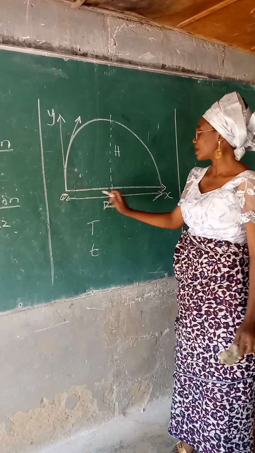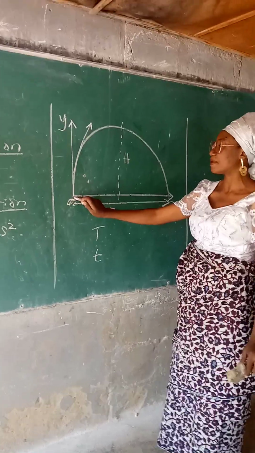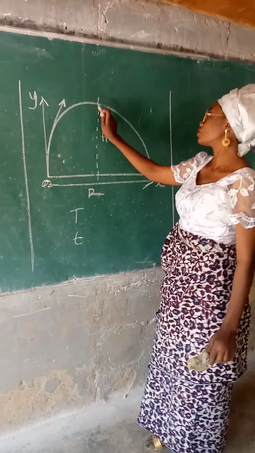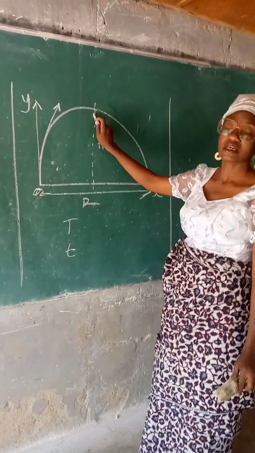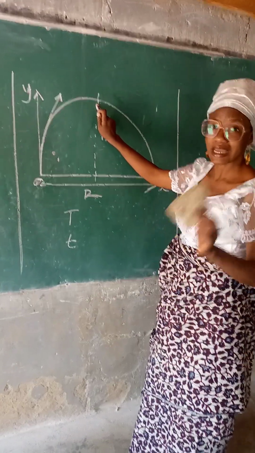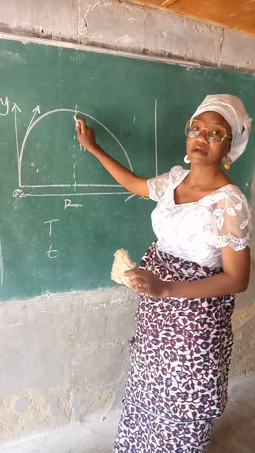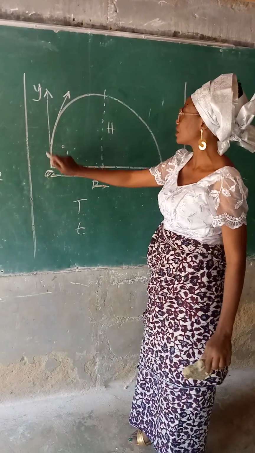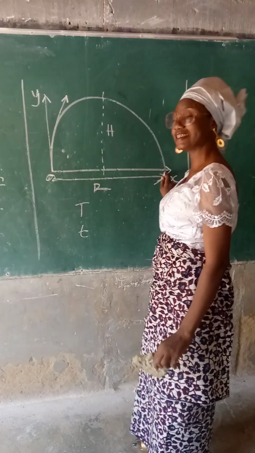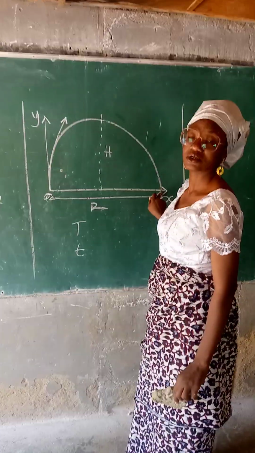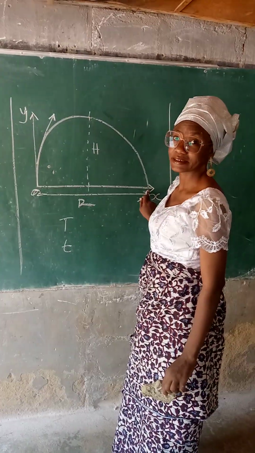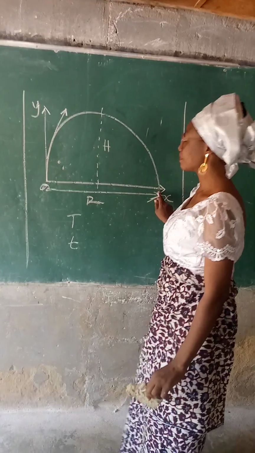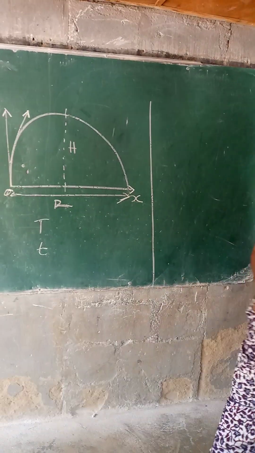So from here to here is small t. The time of flight is the time it took the particle from this point to the point where it hits the horizontal plane again. Is that okay?